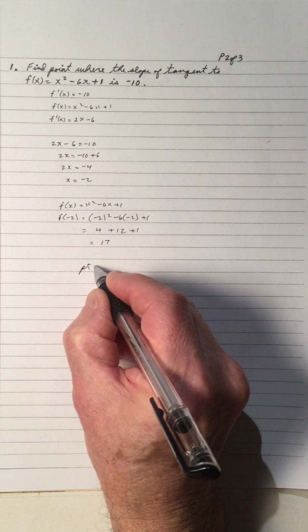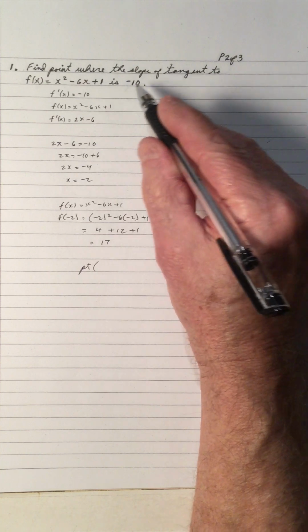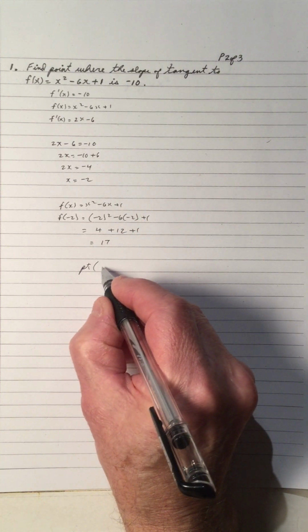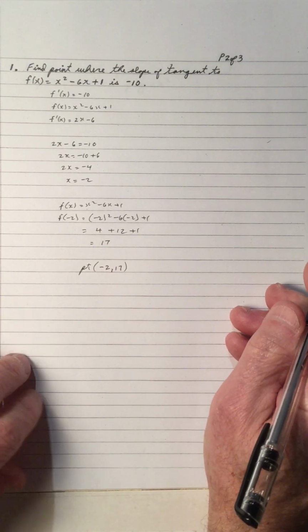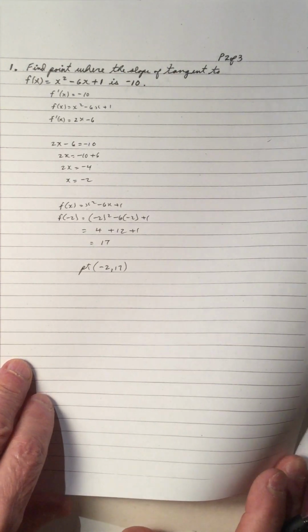So the point where the slope of the tangent is negative 10 is x is negative 2, y is 17. Again, I'm doing different problems, not the same problems all the time, but on the same topic.